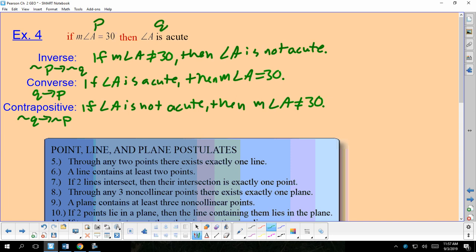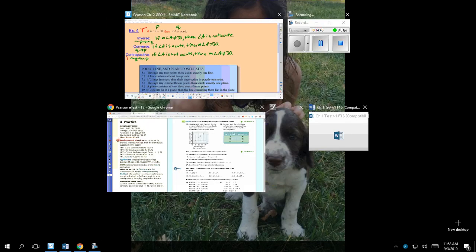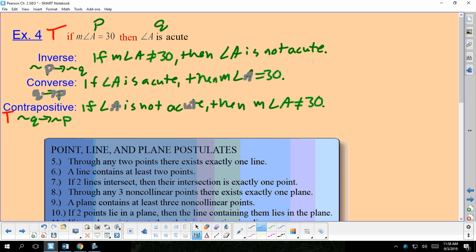So let's go through and put a truth value to each one. First one, if the measure of angle A equals 30, then angle A is acute. Is that true? Yeah, the original statement is true. So we know that the contrapositive also has to be true. If angle A is not acute, then it can't equal 30 degrees. So that's also true.